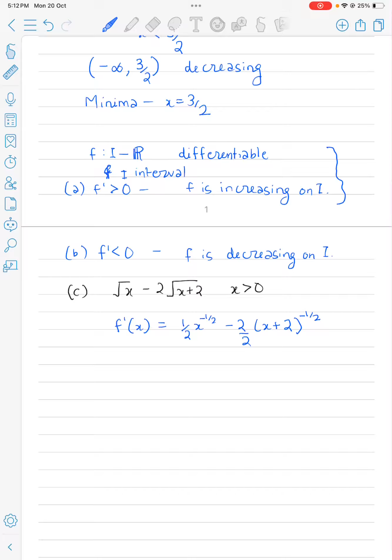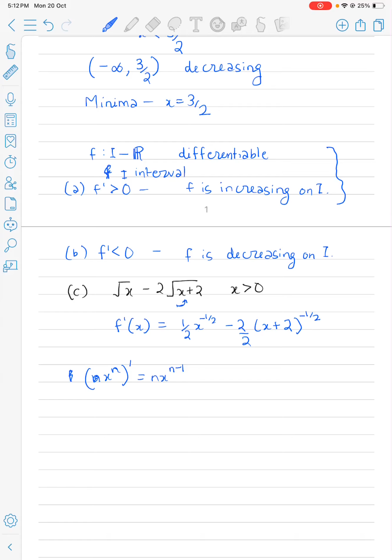I'm using the chain rule to differentiate this one, and I'm using this: if you differentiate x to the power n, you will get n x to the power n minus 1. Okay. And the chain rule I'm using here to differentiate this.